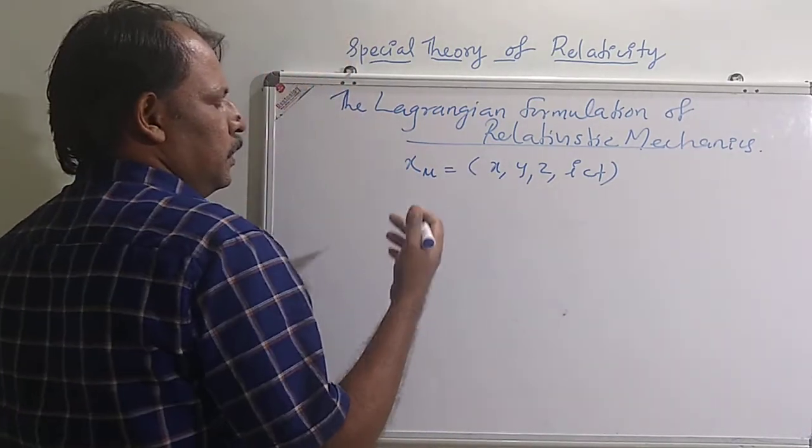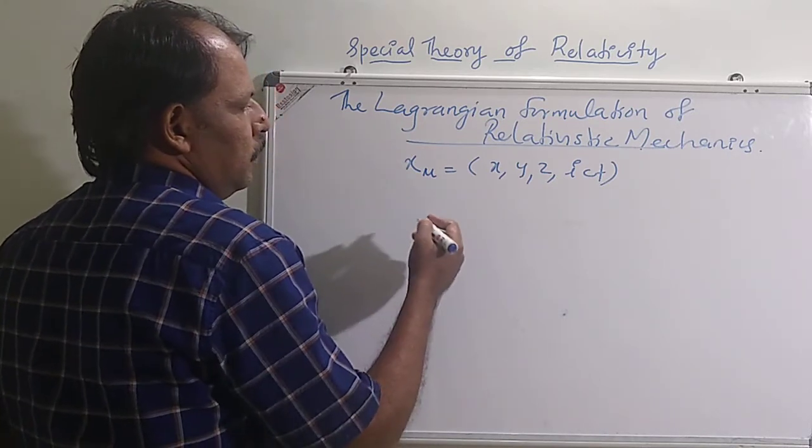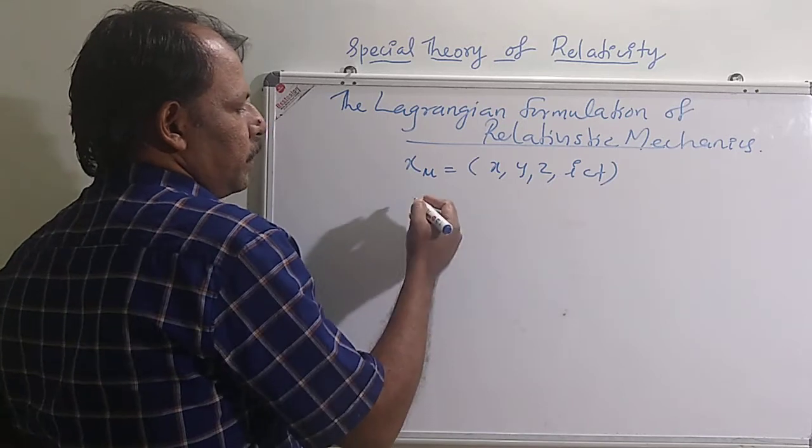We represent the velocity in four vector form.